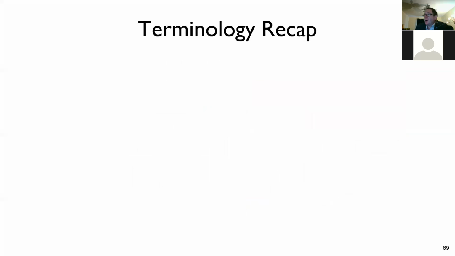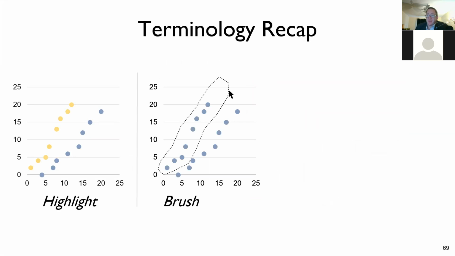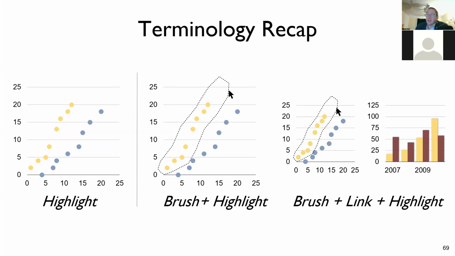So we have highlighting. I'm selecting this group. Brushing is the act of selecting this group. Brushing and highlighting is me making the selection. Brushing, highlighting, and linking: brushing and linking is I highlight in one and it shows up in the other visualization.